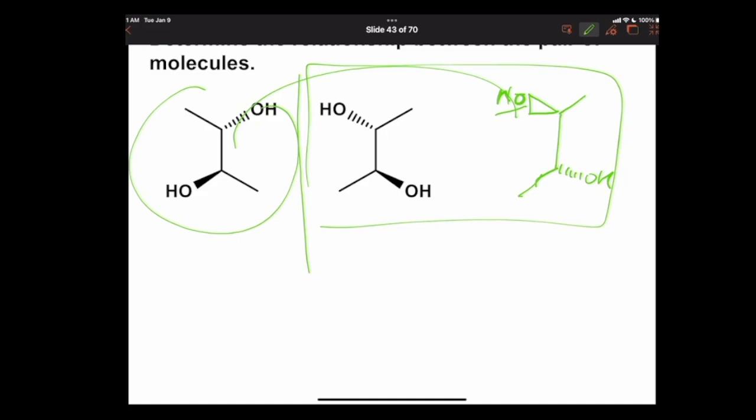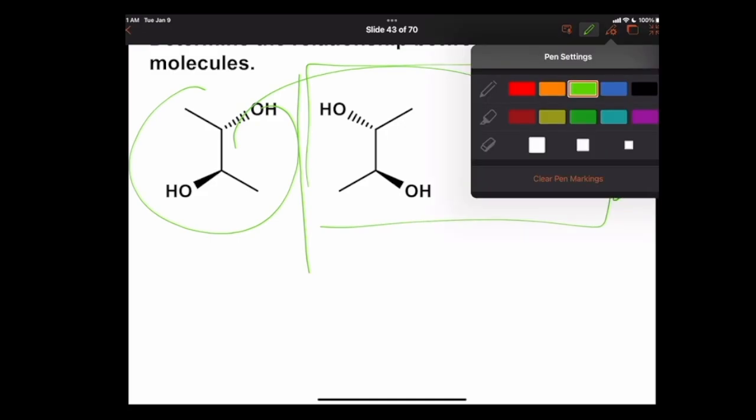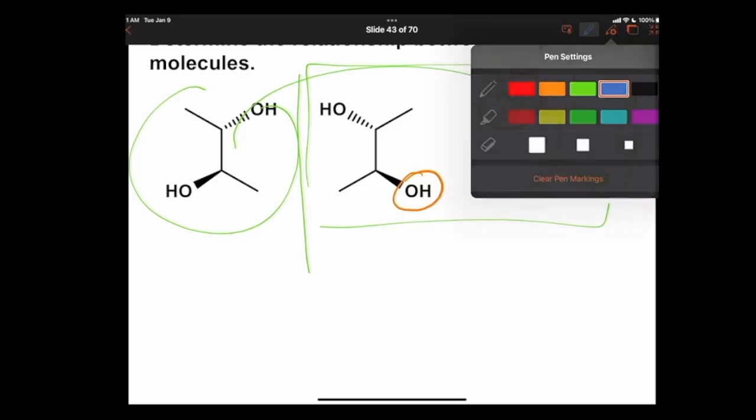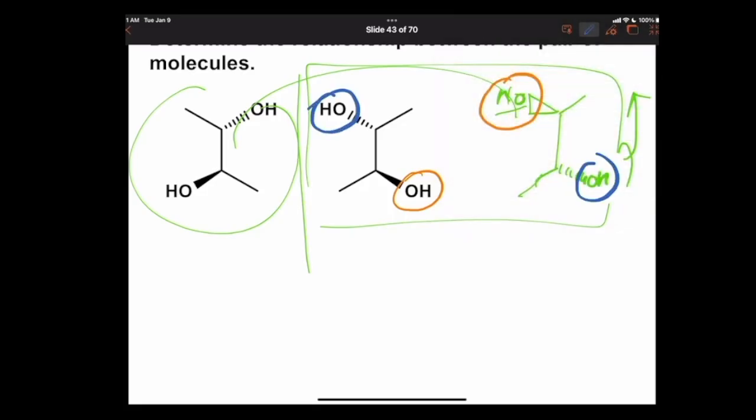What if I make one more rotation? I'm going to rotate it this way as well, end over end. Look at this. That center there and that center there are the same. This center here, let me change that color. Bottom and top.